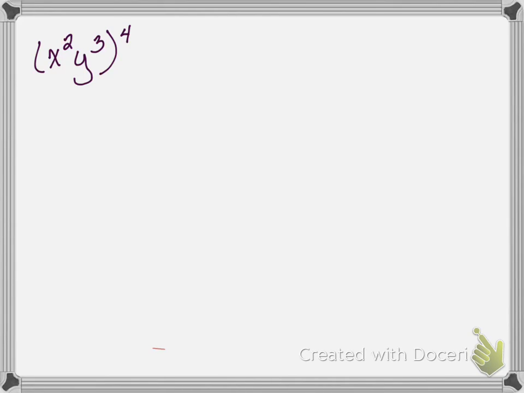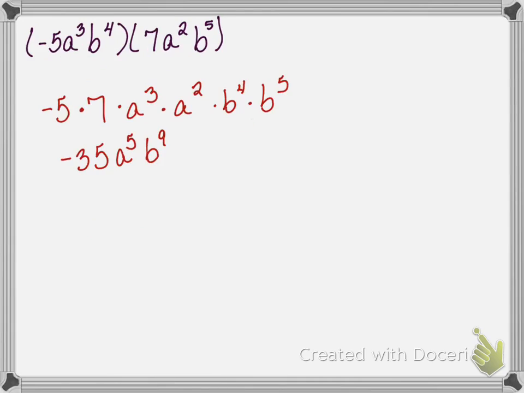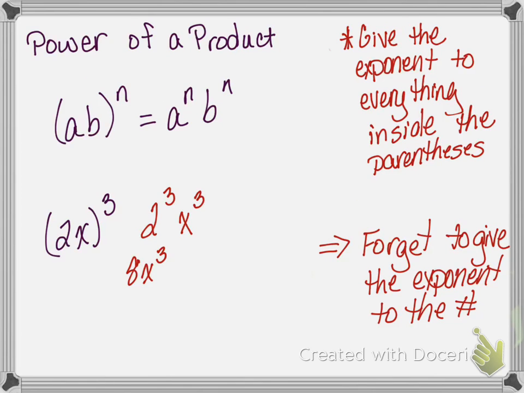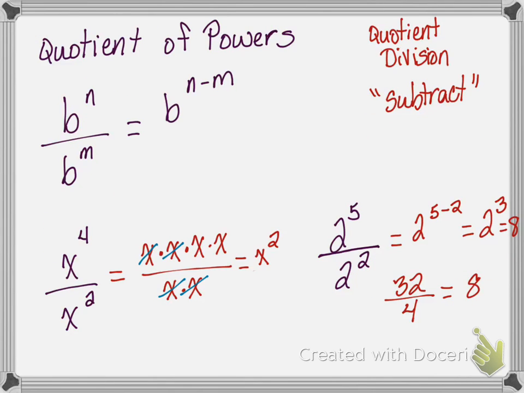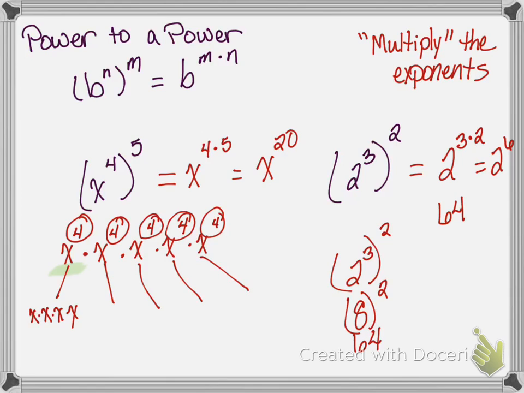We have a power to a power property. So that's the property that we're using. When I have an exponent raised to another exponent, I multiply those together.